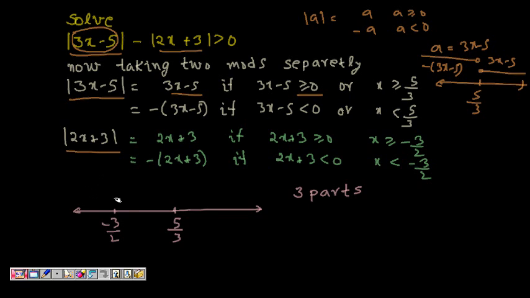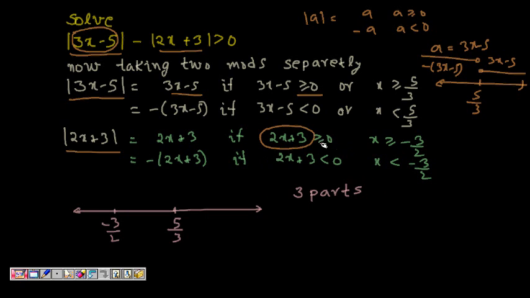Similarly going for this one, 2x plus 3. Okay, so this is 2x plus 3 if the whole thing is greater than or equal to 0. Solving this inequality, it gives x is greater than or equal to minus 3 by 2, and this is equal to minus of 2x plus 3 if 2x plus 3 is less than 0, or x is less than minus 3 by 2.